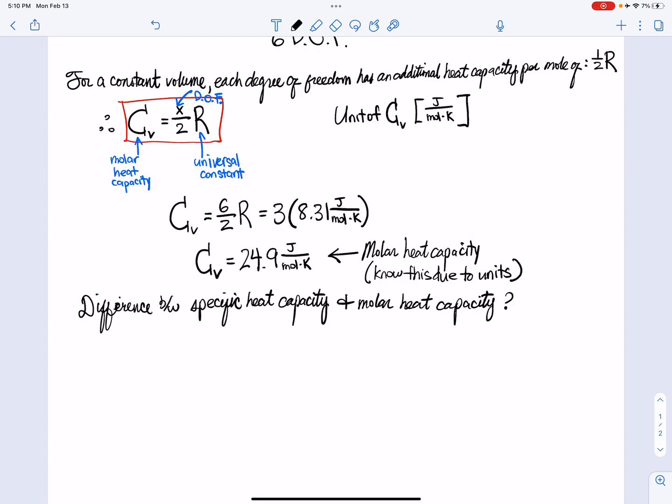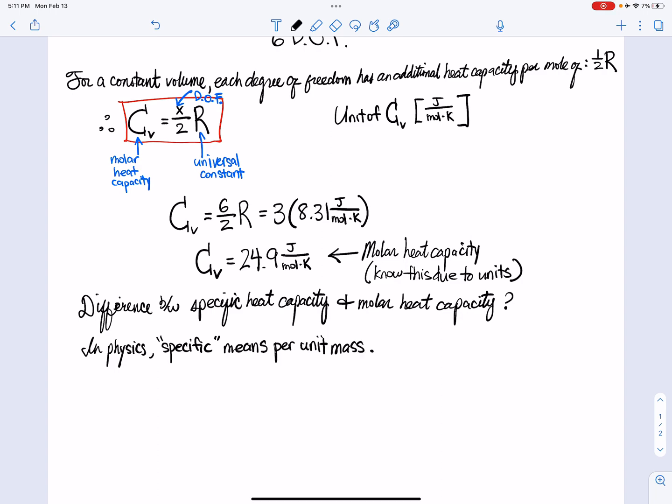In chemistry and physics, specific means per unit mass, okay?